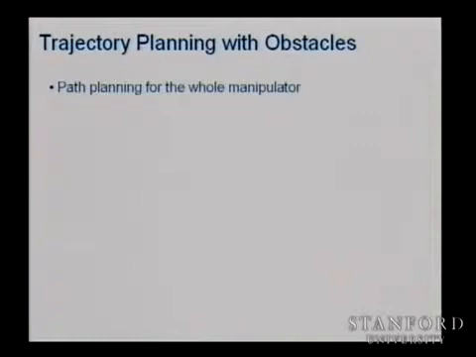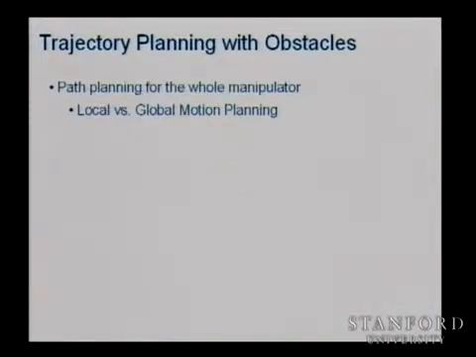So in that case, there are several considerations that we need to keep in mind. Let's say we have a 6 degrees of freedom Puma arm, right? The question then is, do you plan a path for the whole manipulator? When you're doing that, are you dealing with the global motion in the space or the local motion where just the end effector is?